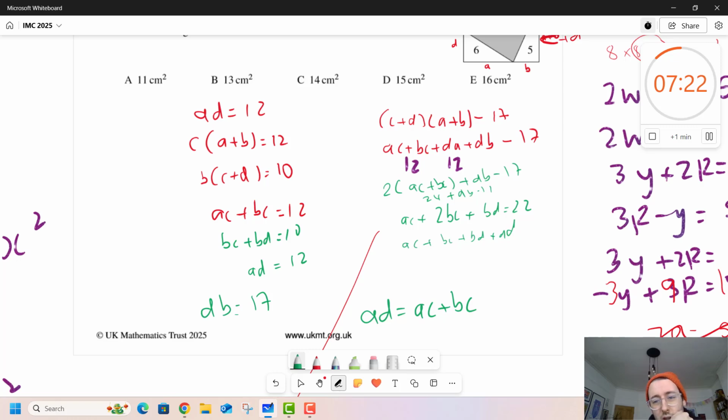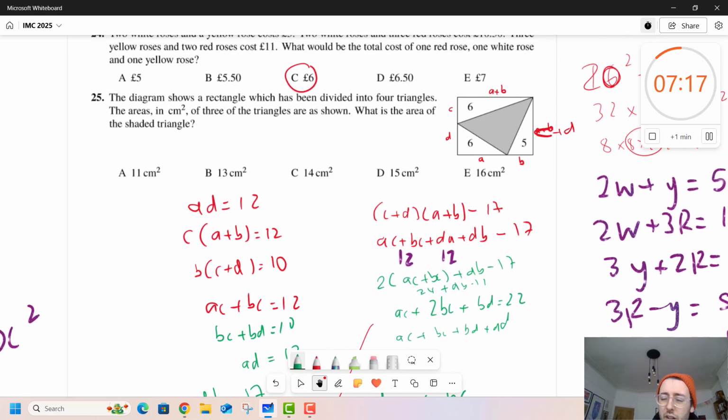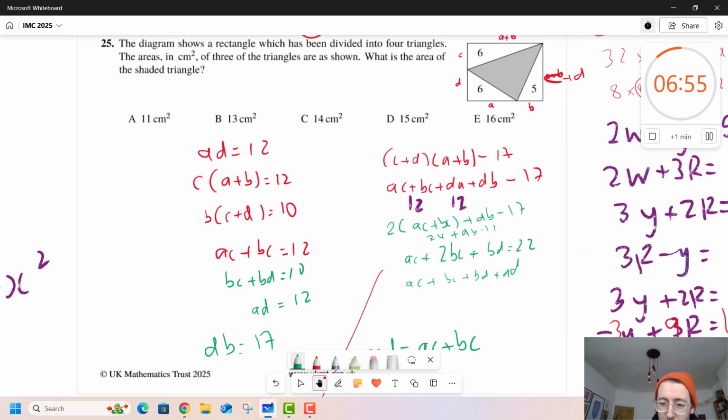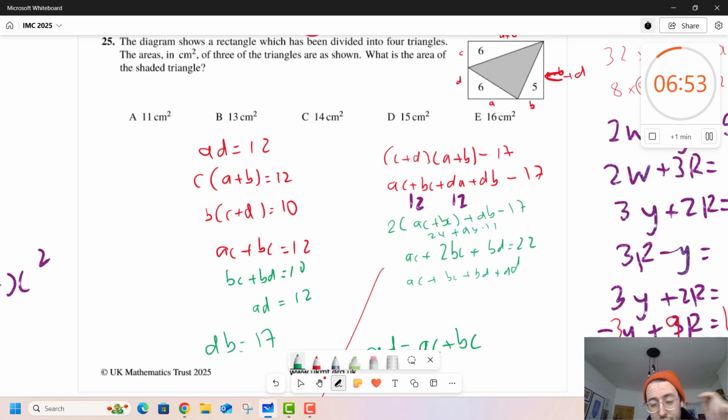I could also just do loads of janky substitution and sort it all out, but we're trying to find A plus B times C plus D, and then we're taking away 17. So that's AC plus BC plus DA plus DB. So I want all of those. Now what I have is AC plus BC, which is 12.